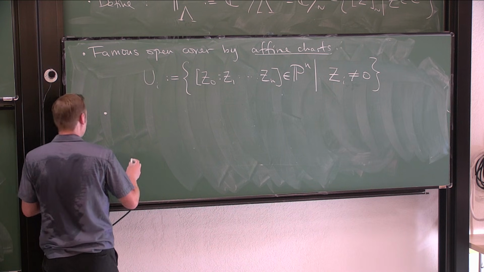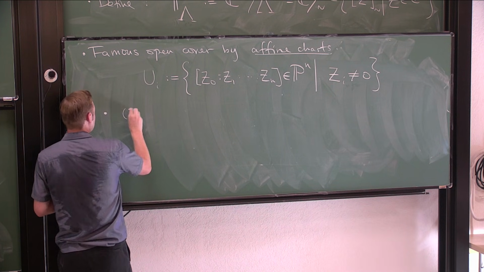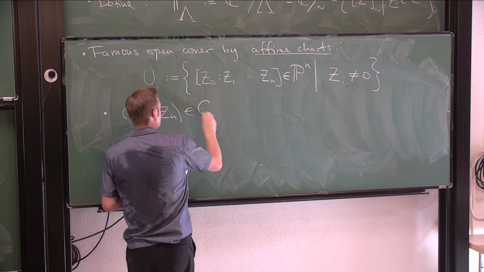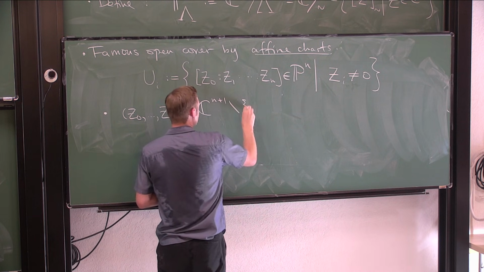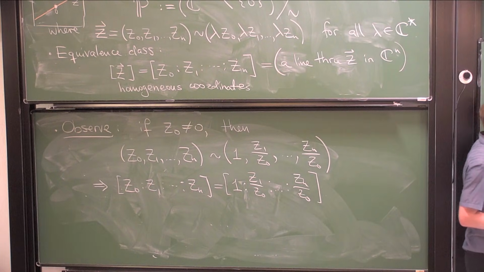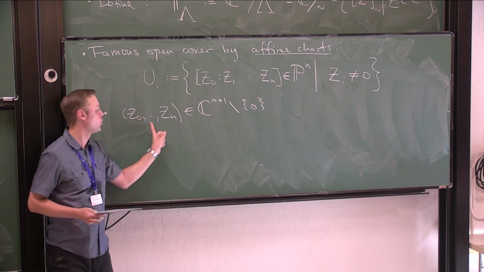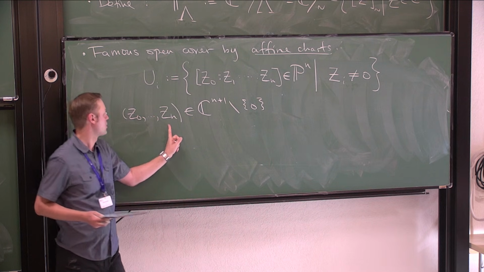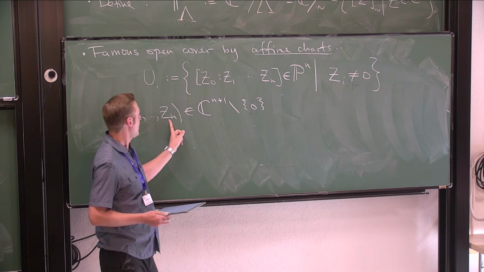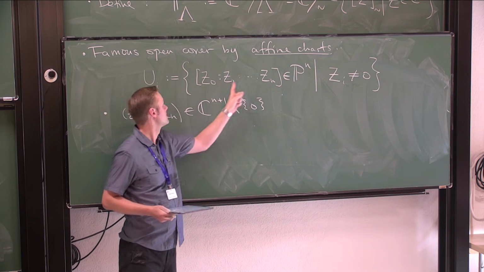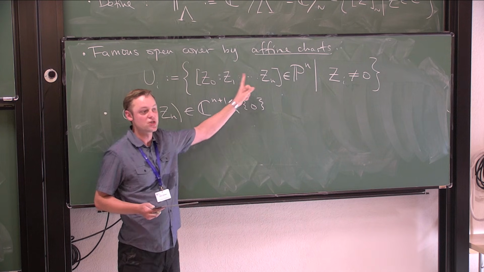The other thing that I want to explain is that if I have a point in C^(n+1) which is non-zero, then because I insist on the fact that this point is not the origin, at least one of the coordinates of that point has to be non-zero. And so what that shows is that any point in P^n, which is represented by a tuple like this, necessarily has at least one entry which is non-zero.